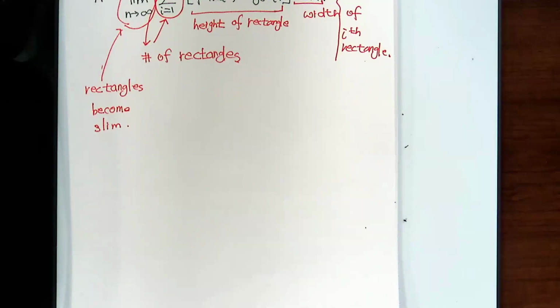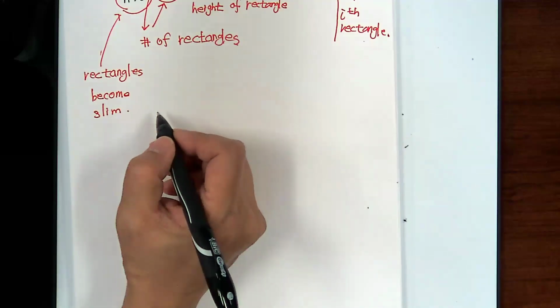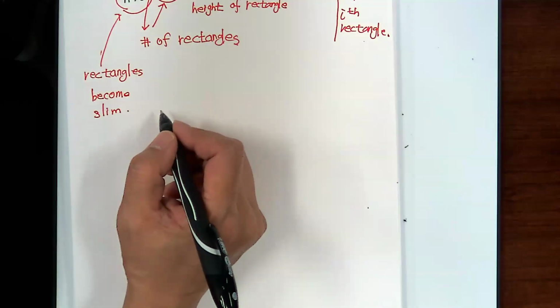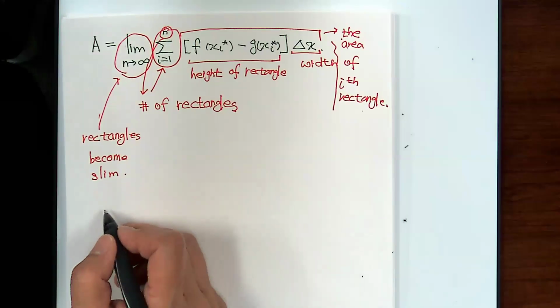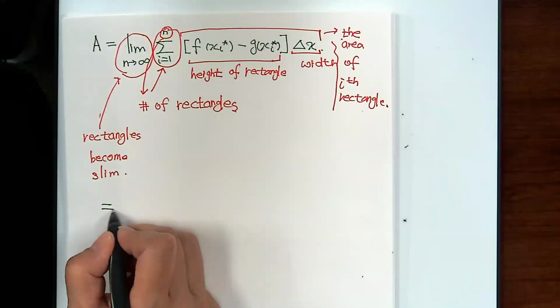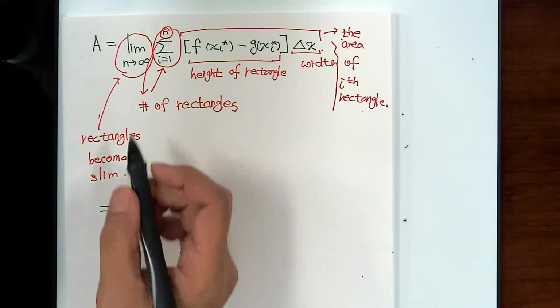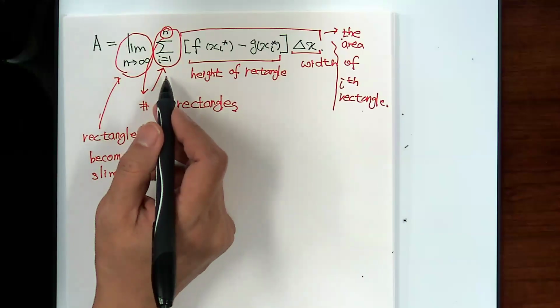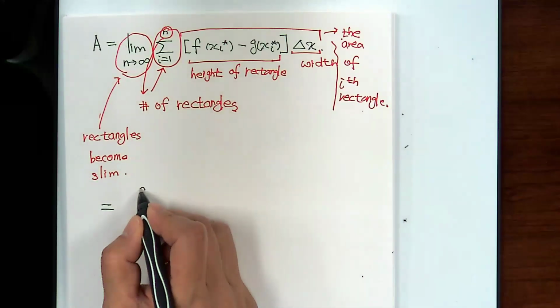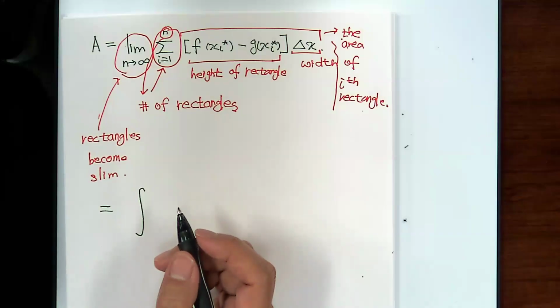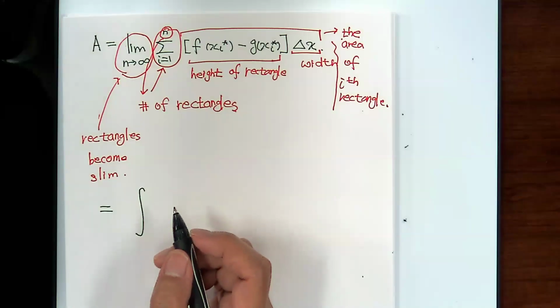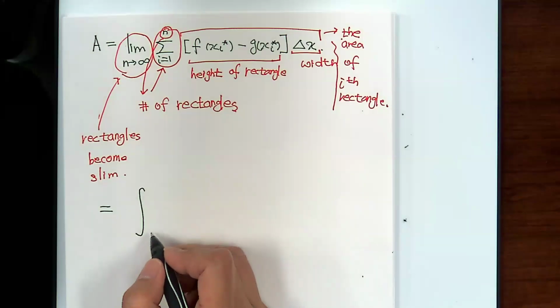So that becomes the area between two curves. And when that is the situation, this limit of the summation is denoted as a stretched S, the integral sign.